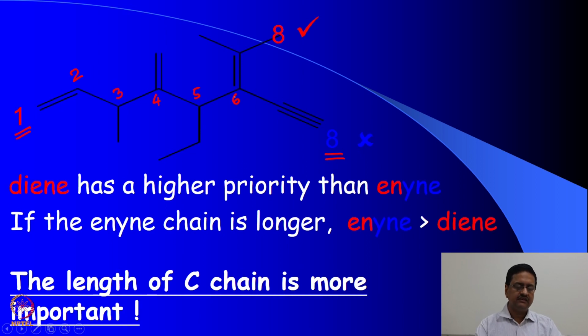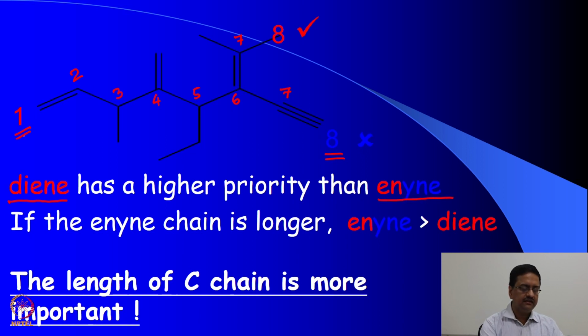Now, we need to see whether we should go towards that or towards this. So, here you have two possibilities, going up or coming down towards the triple bond. Again, we refer to a new rule where we learn that 'diene' has a higher priority over 'enyne'.